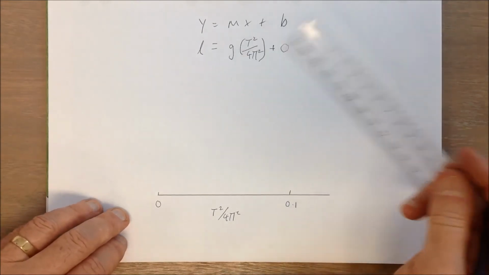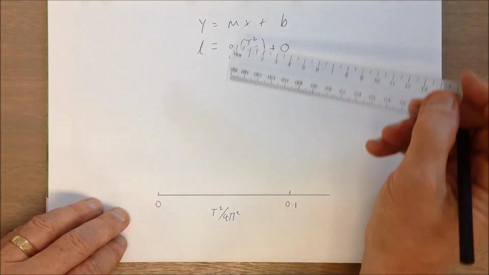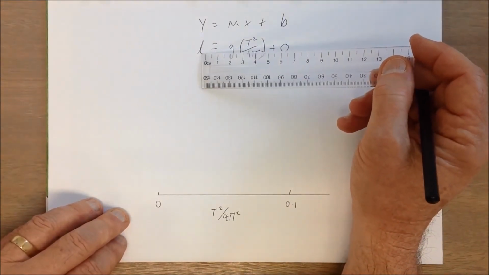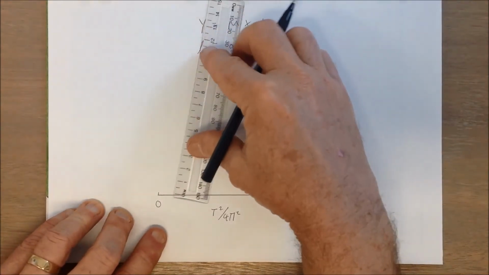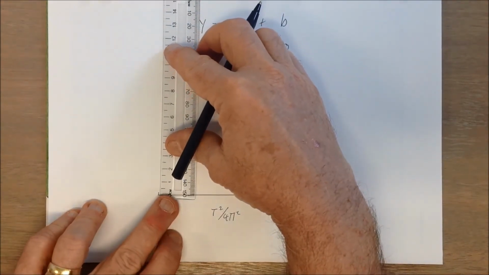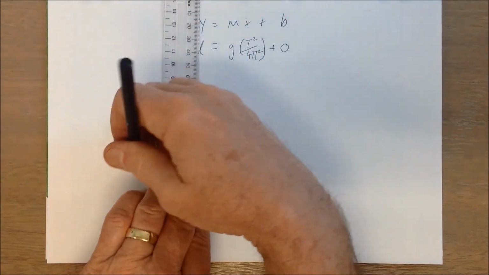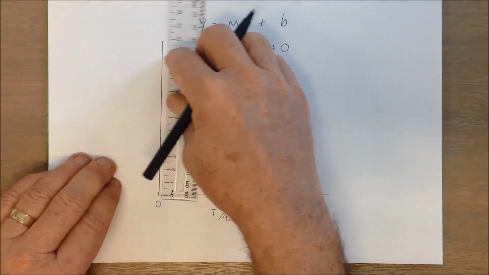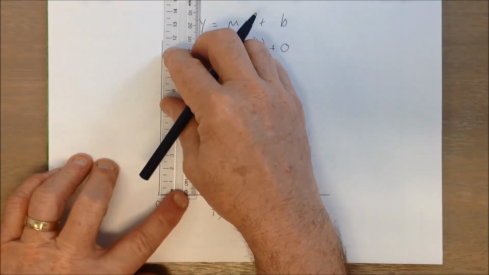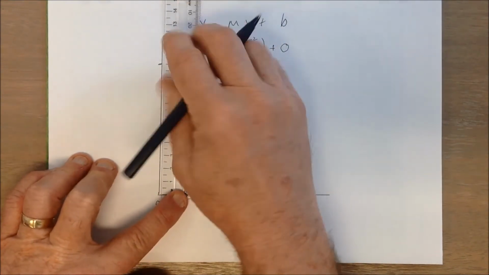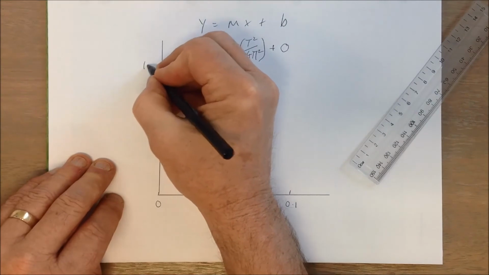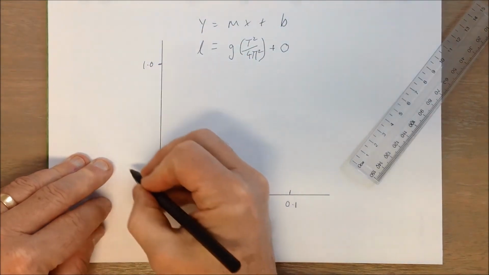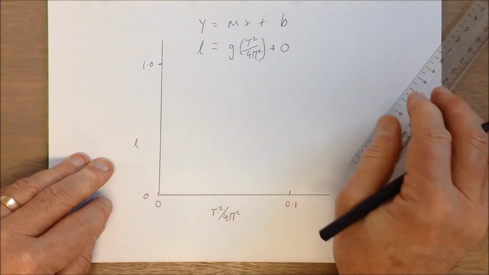And then up the y-axis you plot L. We worked with pendula that were up to 1 metre long, so you'll need a y-axis that goes up about 1 metre. And again, let's just choose a distance 1.0 there, 0 there, and that'll be your length in metres.